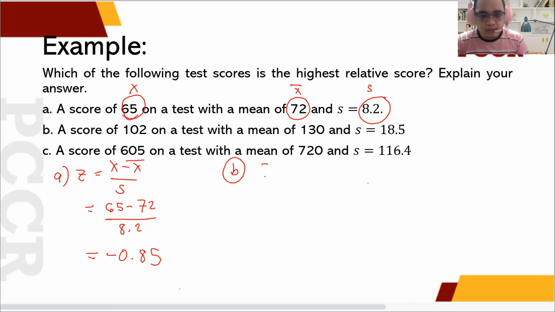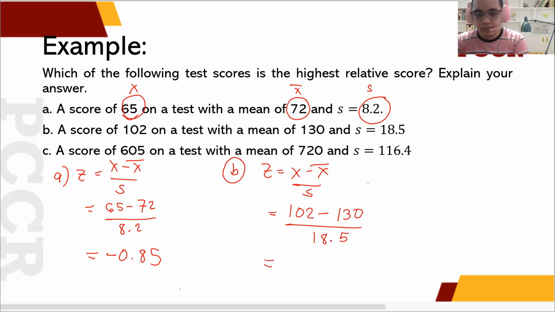So let's try B. It is the same again, right? z equals x minus mean over standard deviation. This time, your score is 102 minus the mean, which is 130, all over 18.5, which is the standard deviation. So when we solve that, that will be negative 1.51.